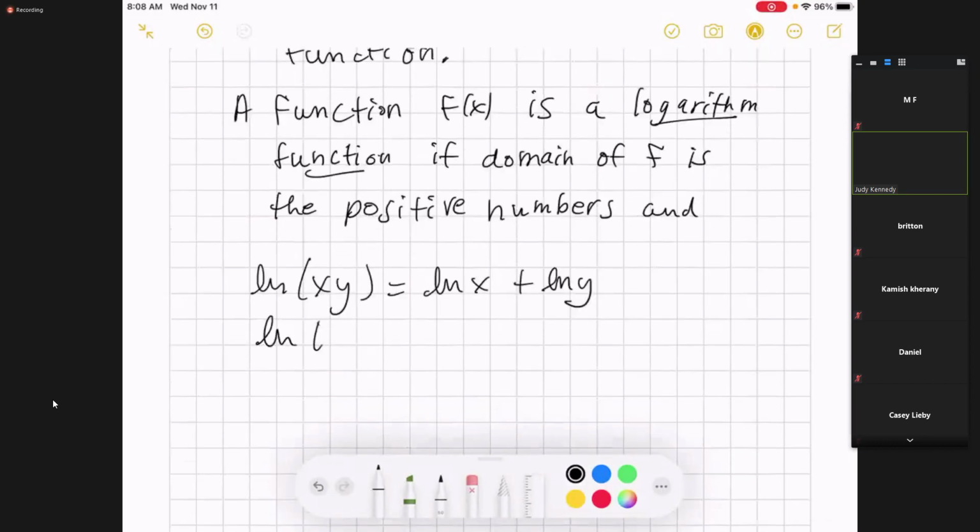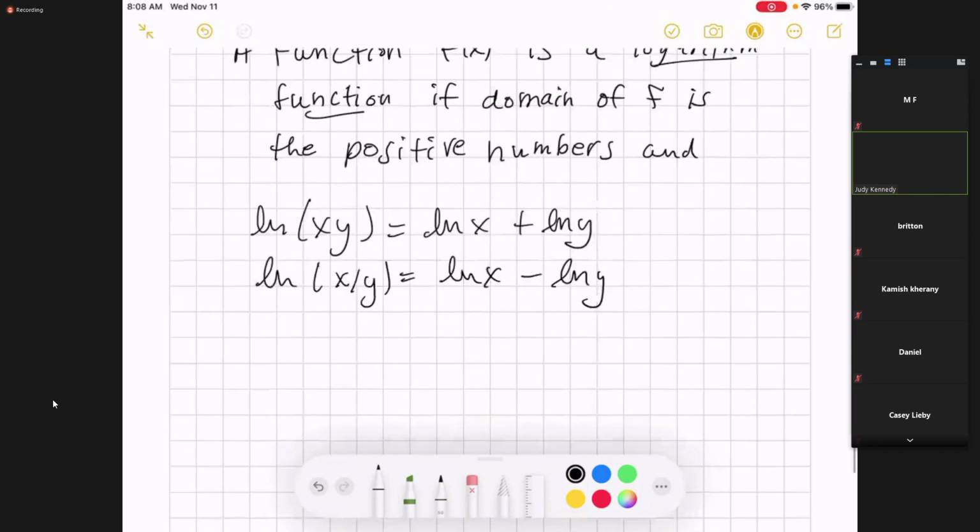Ln of x over y is ln of x minus ln of y, and ln of x to the r is r ln of x. These algebraic properties must hold.